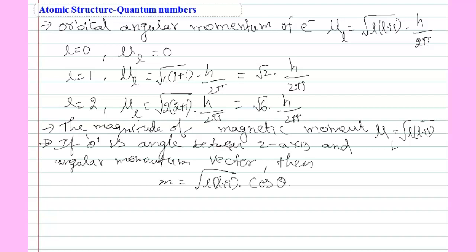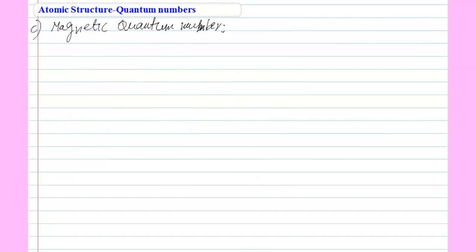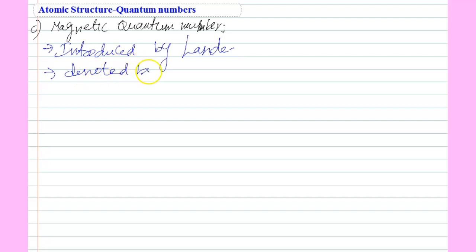Next is the magnetic quantum number. The magnetic quantum number was introduced by Landé, and it is denoted by small m or small m below L, ml.